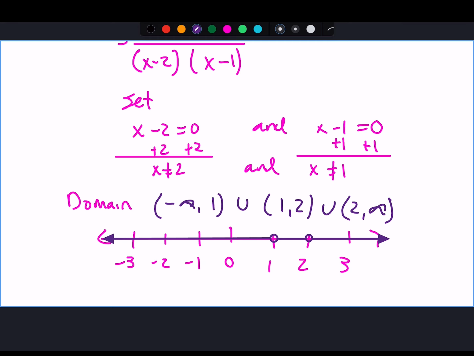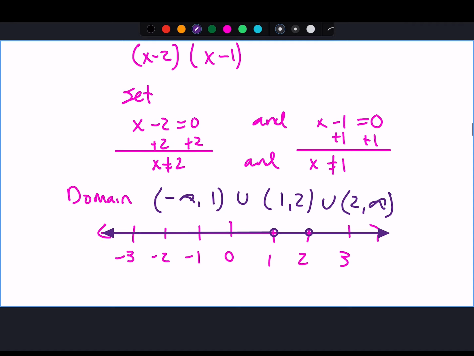If it was included, it would be a closed circle, and then we would have a bracket there. But since we're excluding those values from the domain, they're really never going to be included with a fraction. Remember, with a fraction, we're saying it cannot be equal to. Now, with a square root, we're going to say it's greater than or equal to. So that equal to will guarantee that we'll have a bracket.